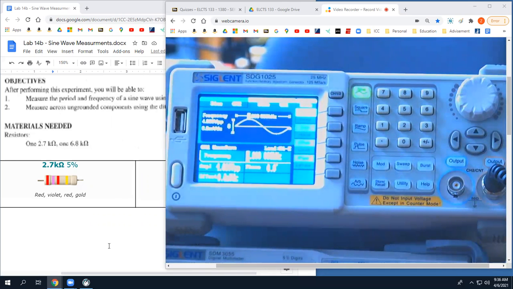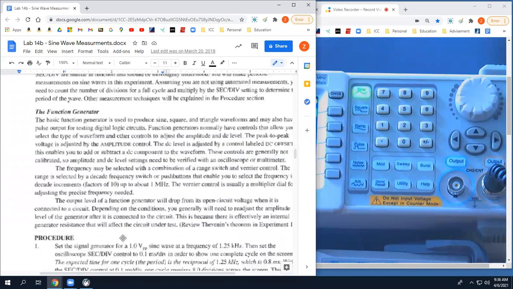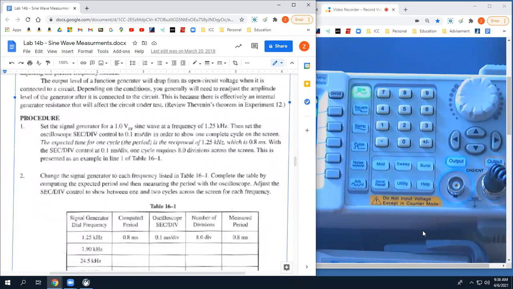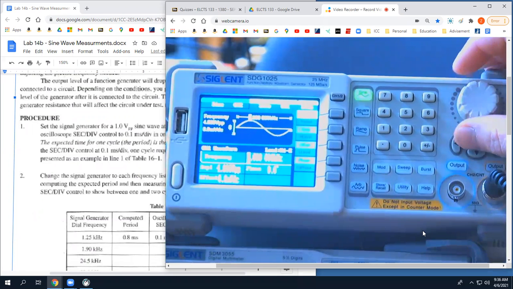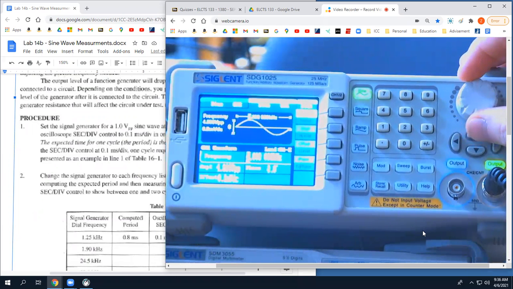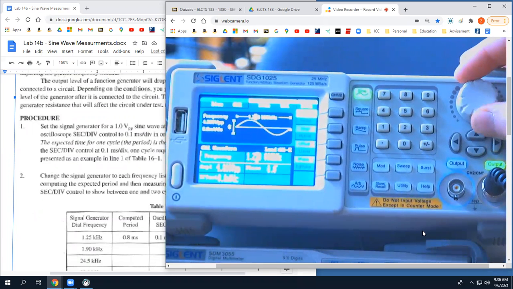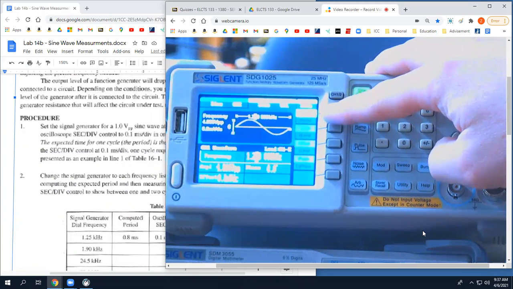All right, back to our procedure, what was it? Set the function generator to what? 1 volt peak to peak and 1.25 kilohertz. Okay. Amplitude, channel 1. 1.25 kilohertz, that's my frequency.